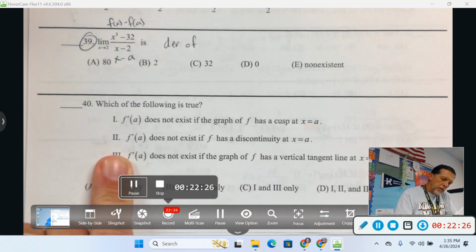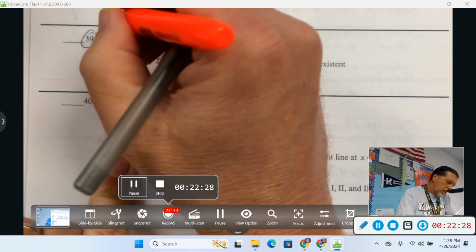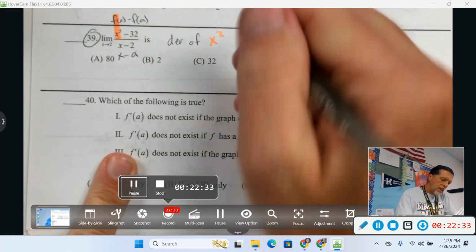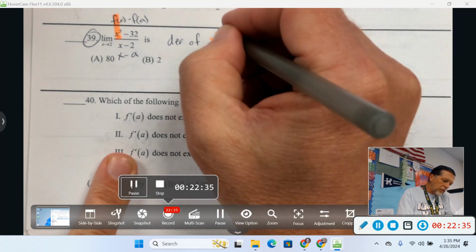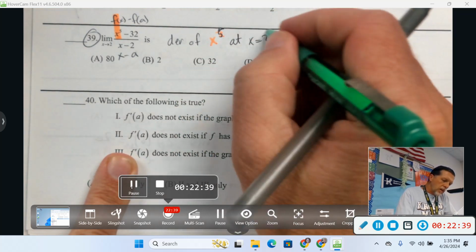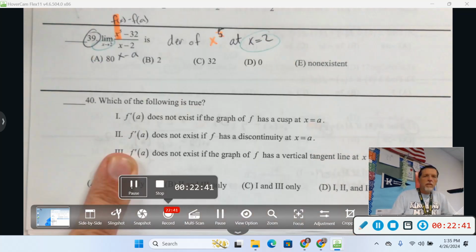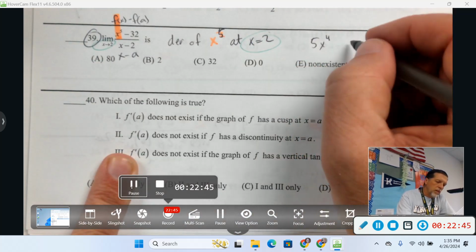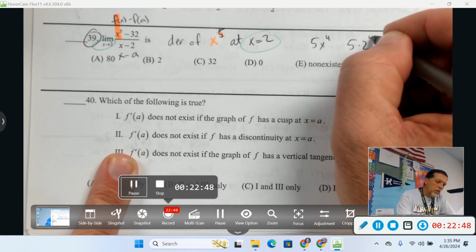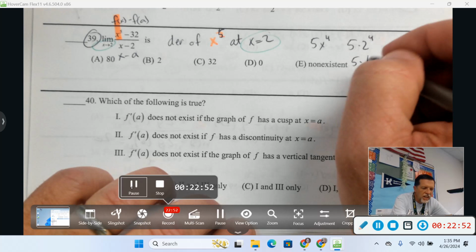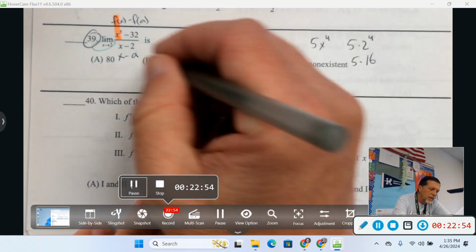So this is the derivative of x to the 5th at x equals 2. So that would be 5x to the 4th, and when x is 2, 2 to the 4th is 16, and 5 times 16 is 80.